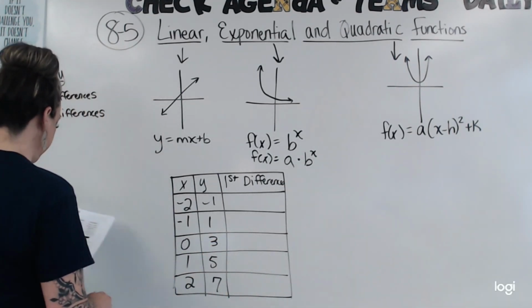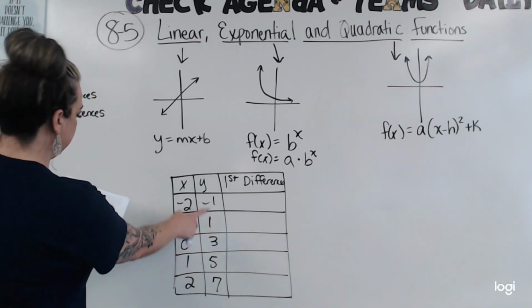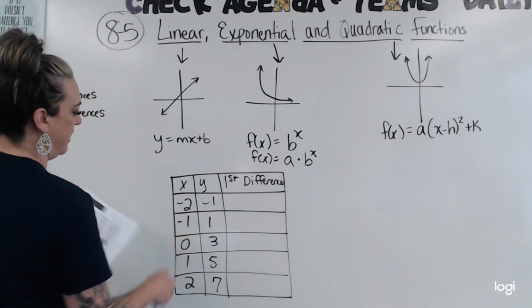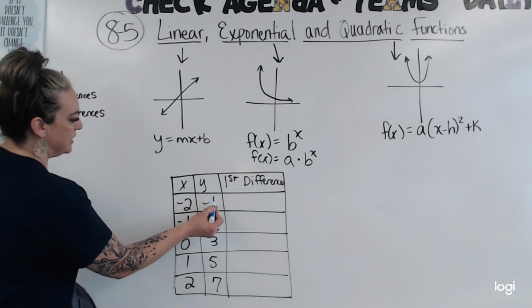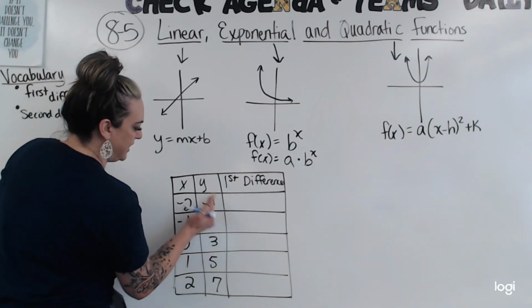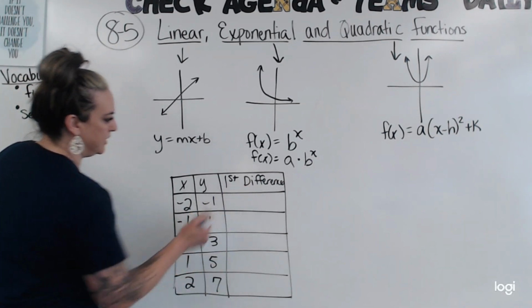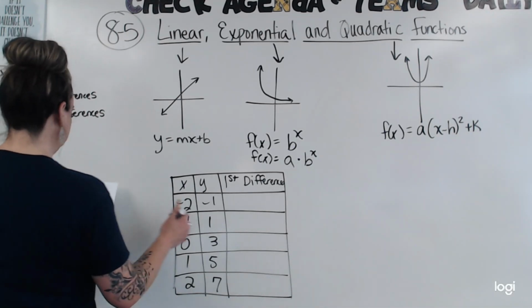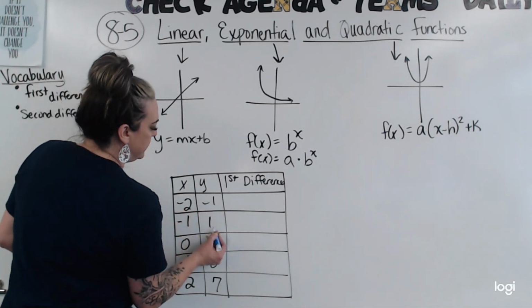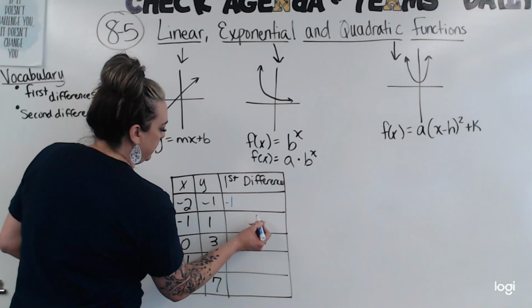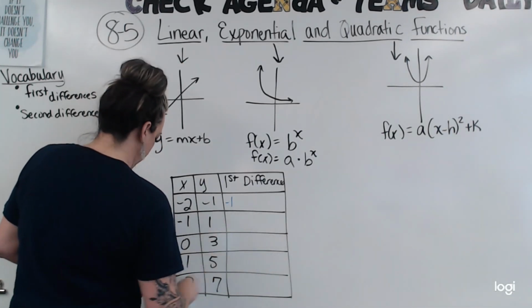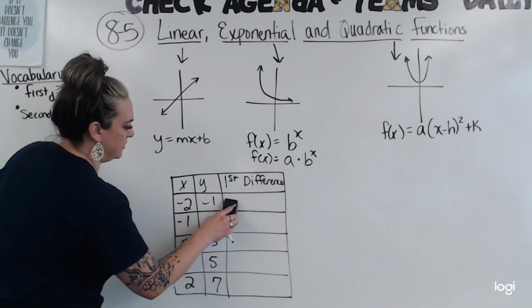So what we're looking at is the differences between the consecutive y values. The differences between these consecutive y values, that's going to be the first difference. As we can see here, we always use the second one first.